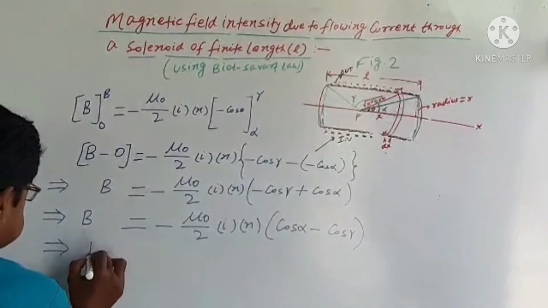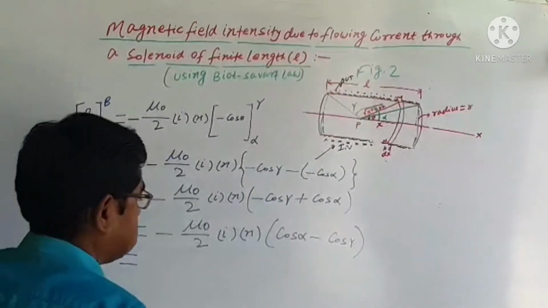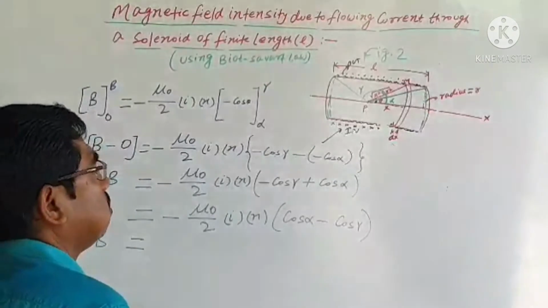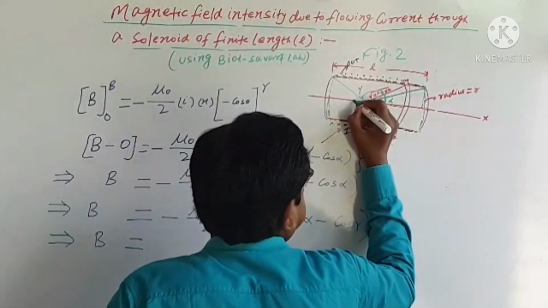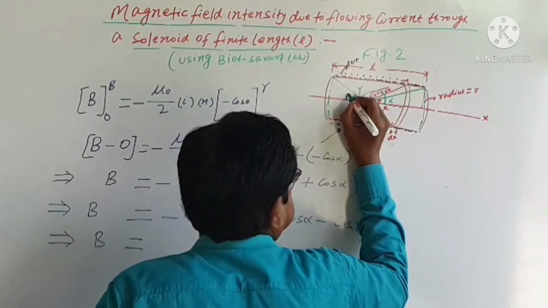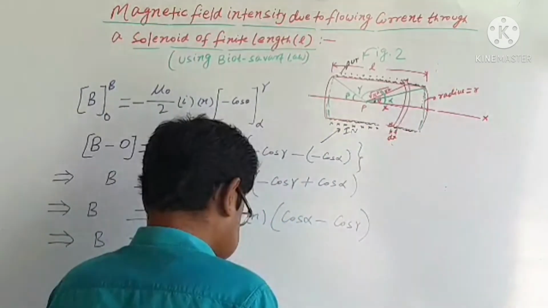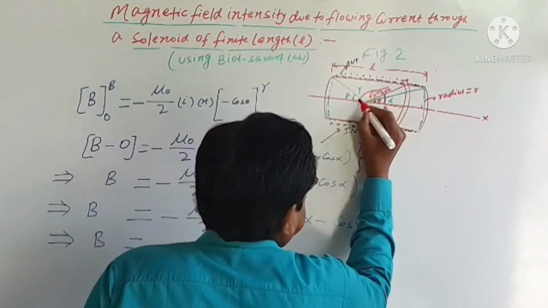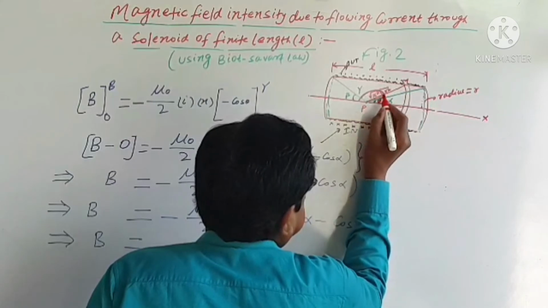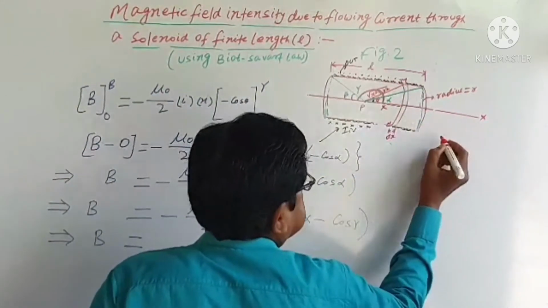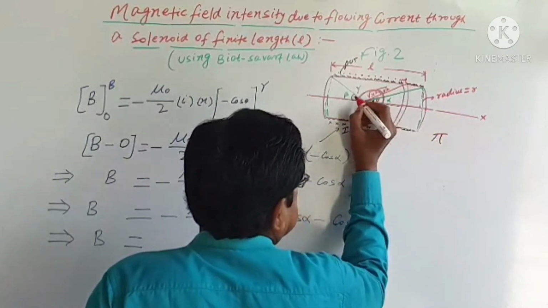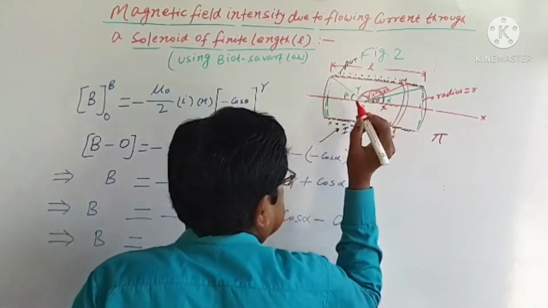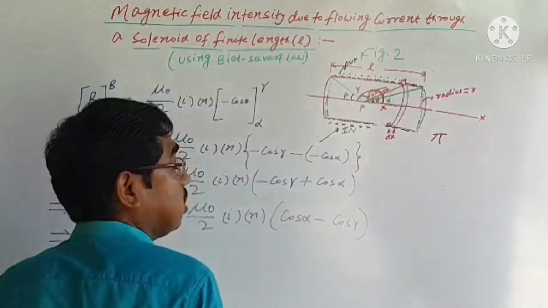Now, the fact that you should know: if we consider this beta, what does it mean? It means the entire angle, this value, is 180 degrees, this is pi, and this is beta. So, this part is known as gamma.